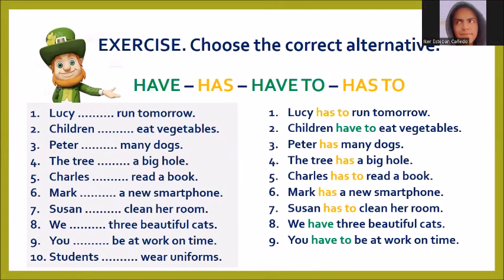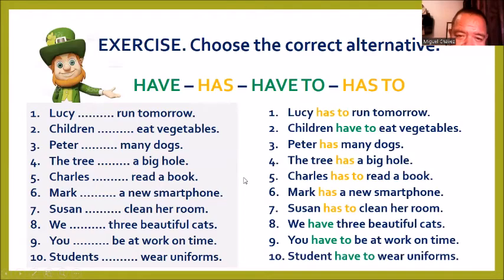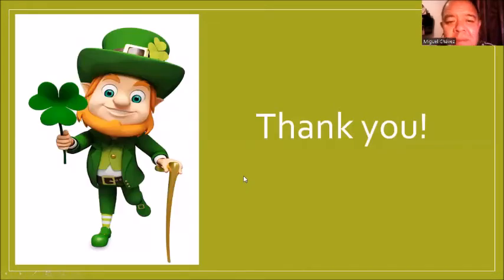No, students. They. Have to wear uniforms. Say it again, please. Students have to wear uniforms. Thank you so much. Okay. Thank you. Today the topic was very, very easy. Thanks for your participation.